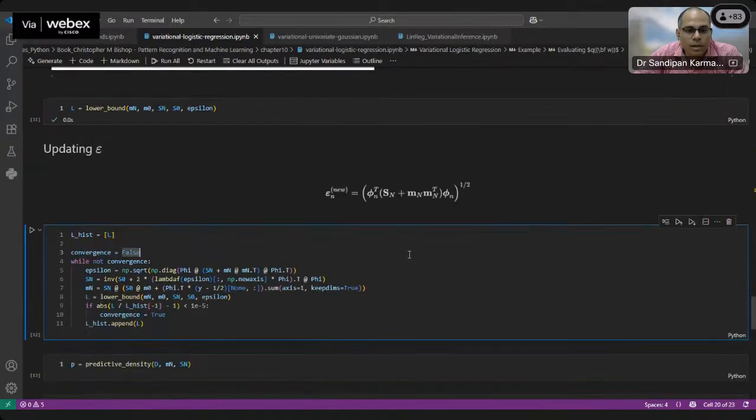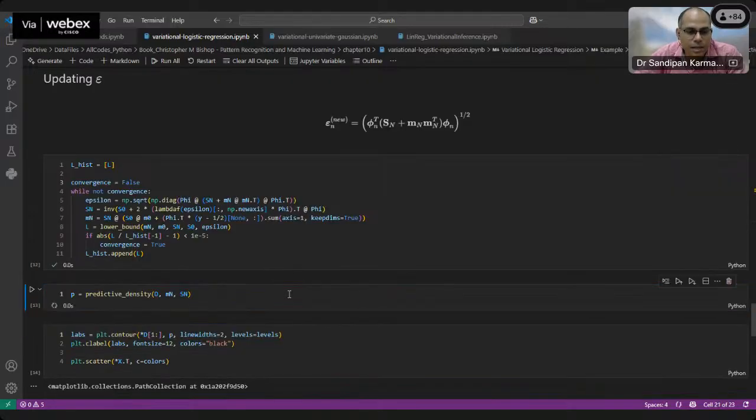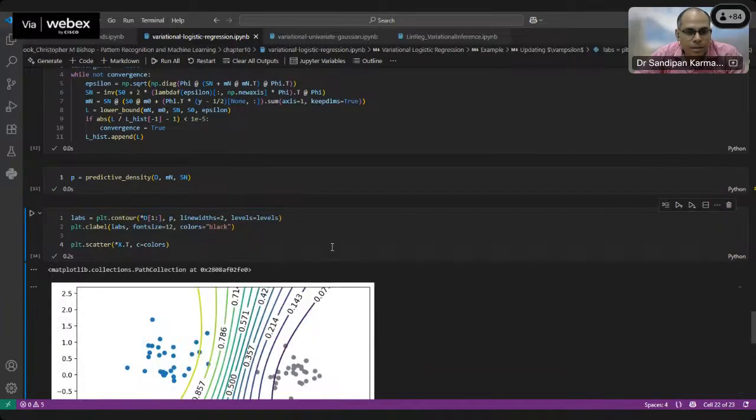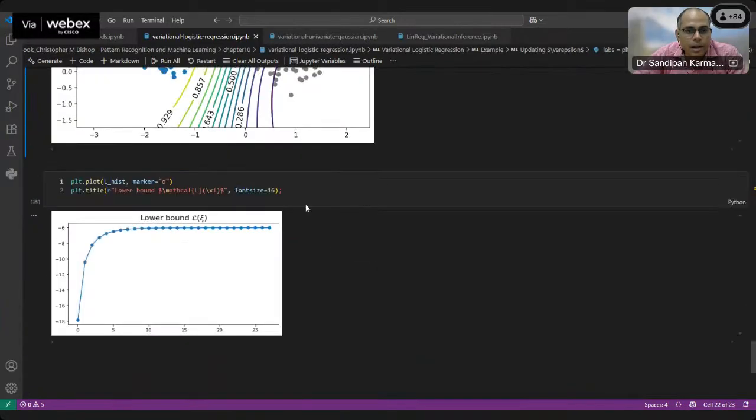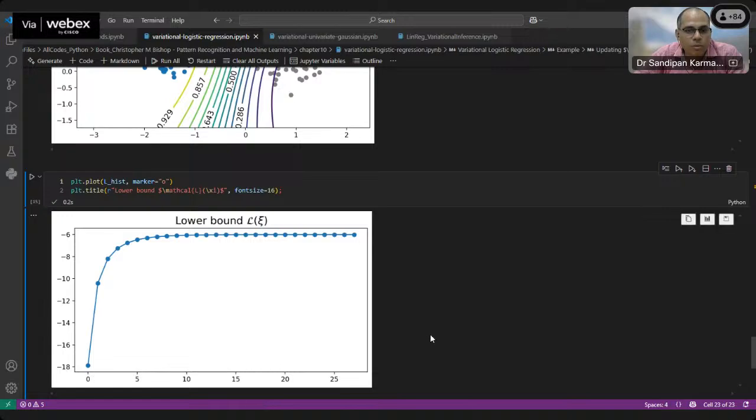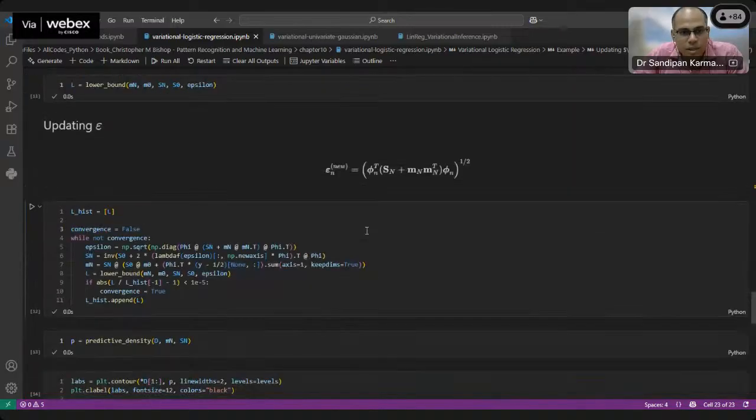Then lower bound calculation. Then updating epsilon. Epsilon is the xi there, the C parameter. And then you have to see whether the lower bound is getting stabilized after some time or not. So this is how variational logistic regression is being implemented.